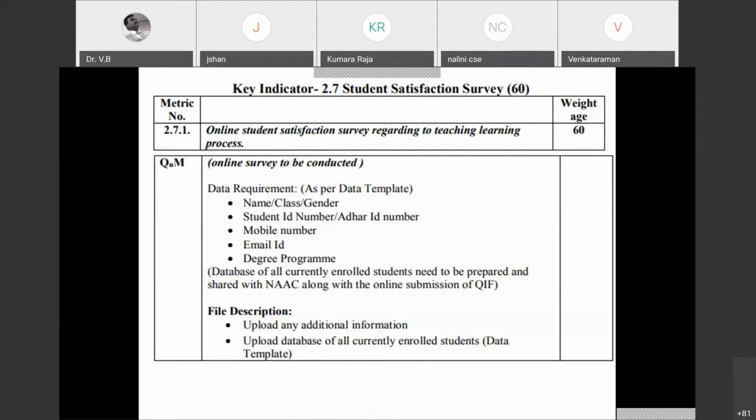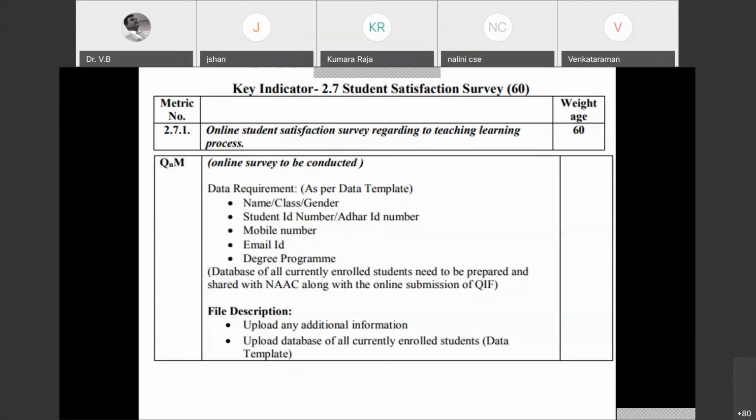Now, moving on to the next key indicator, it is the student satisfaction survey. Again, here for this, you have to give the data of each and every student of the institution to NAAC. As I told you at the beginning itself, during the first session, you have to include the Aadhaar card number of the student.